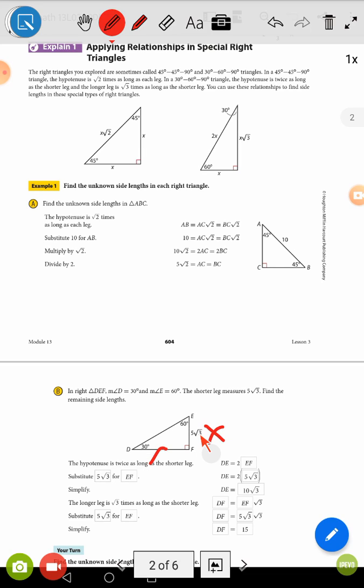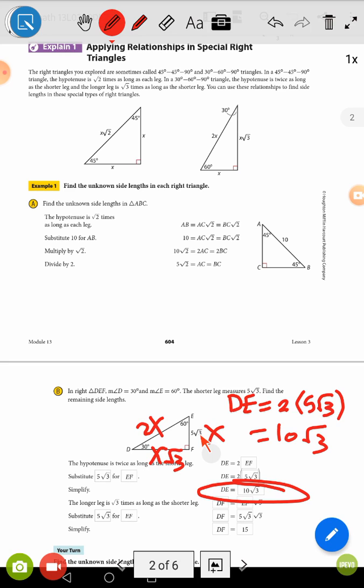So that one is x root 3, and that is 2x. So we can write DE is 2x. So it's equal to 10 root 3. That is DE.